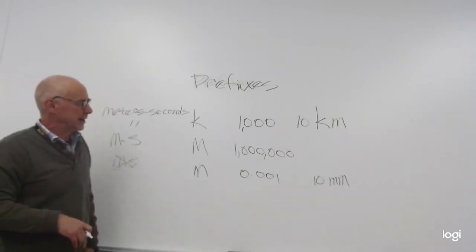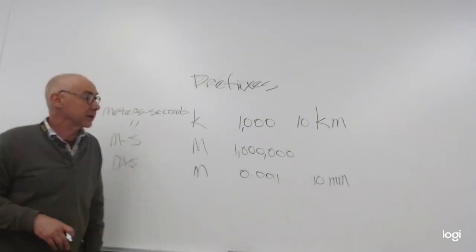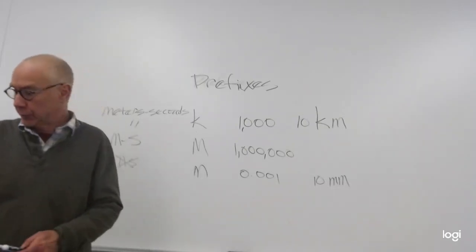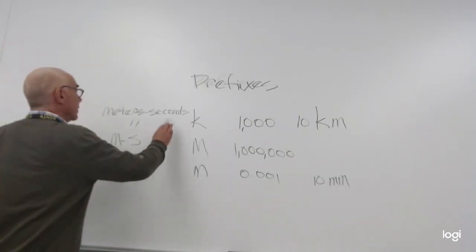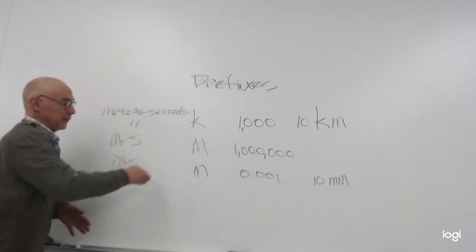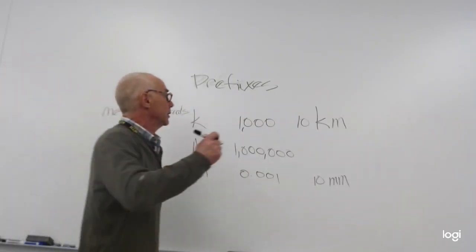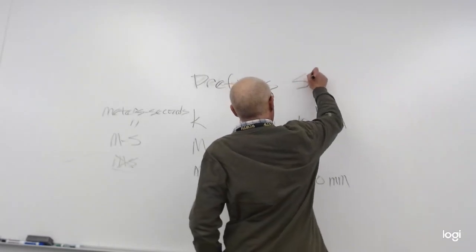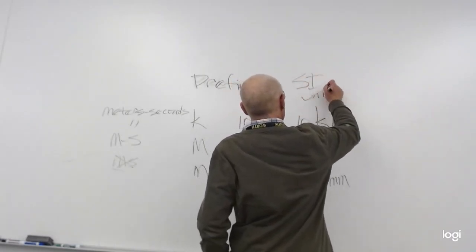The other thing you need to be aware of, and hopefully this is not going to be new to you, is that these prefixes are used only for SI units.